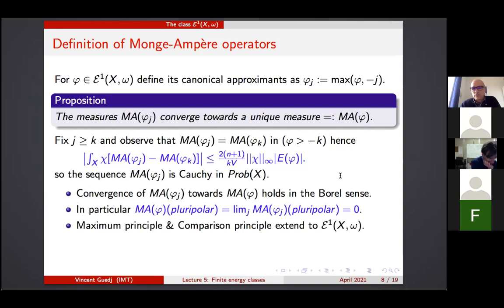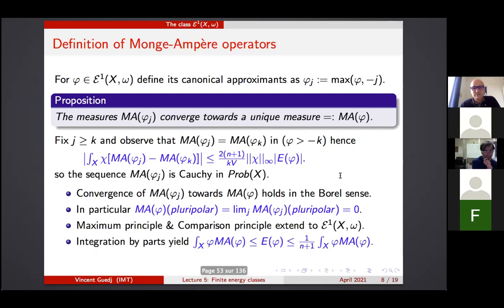Well, important comparison and maximum principles that I did not have much time to describe last Thursday, which are valid in the Bedford-Taylor theory, do extend immediately thanks to this property to the E1 setting. And finally, let me stress that in the definition of E, E is a summation of n+1 terms, but there is one term that is the leading one, and the leading one is the integral of phi Monge-Ampère of phi.